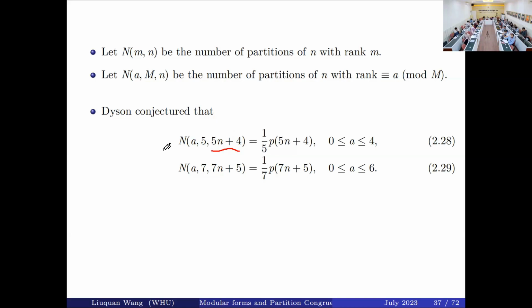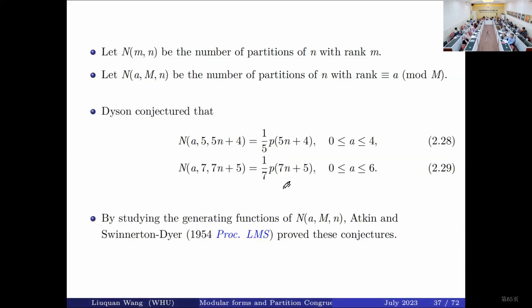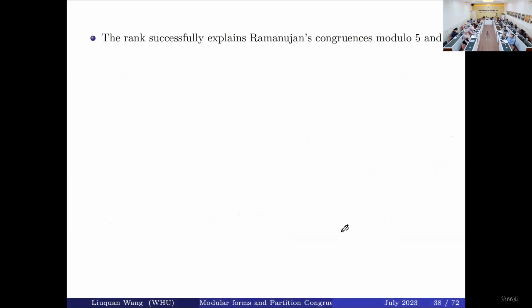And similar things work for p(7n+5). But this conjecture was only confirmed 10 years later by Atkin and Swinnerton-Dyer by studying the generating function of this rank counting function. And the rank successfully explains Ramanujan's congruences modulo 5 and 7.